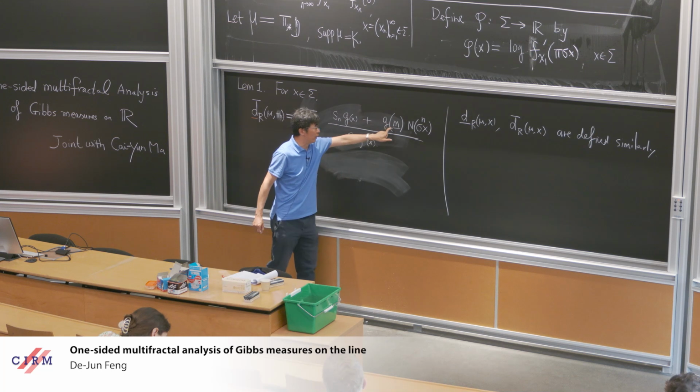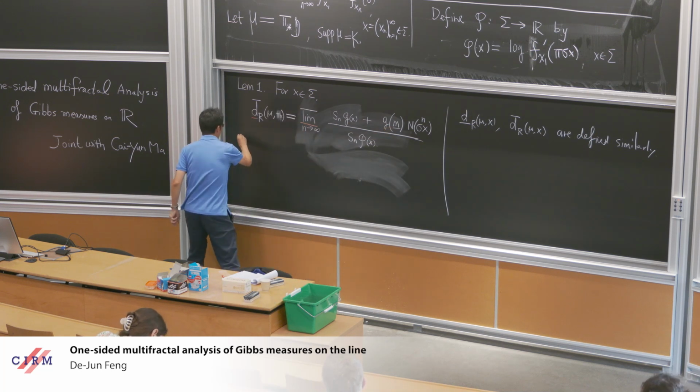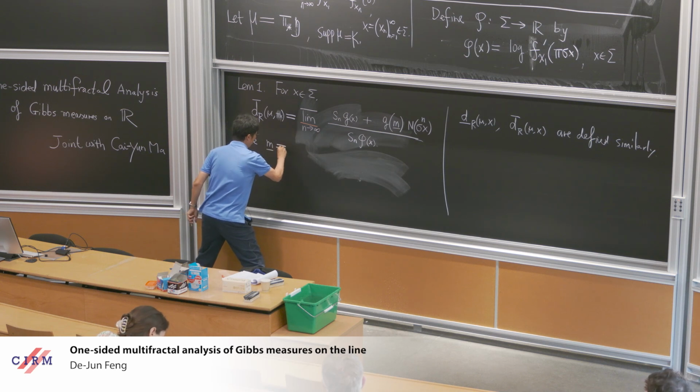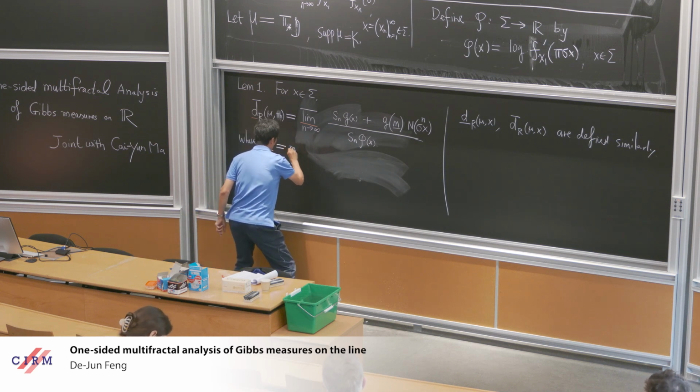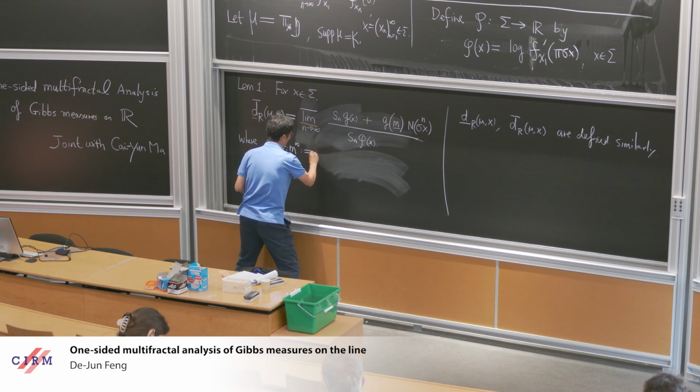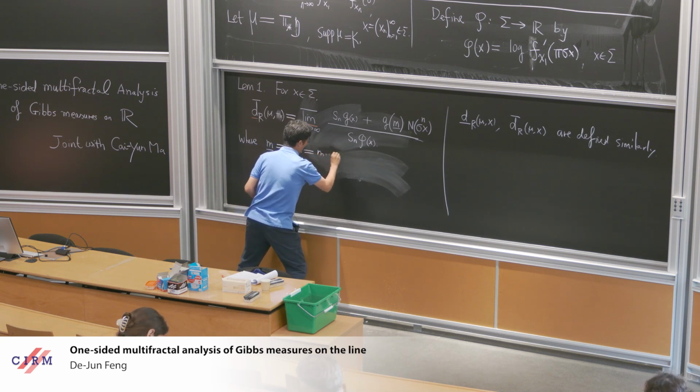Now, what is m? m is a special point that we can also denote as m to the infinity. It's just the point where all the coordinates are m.